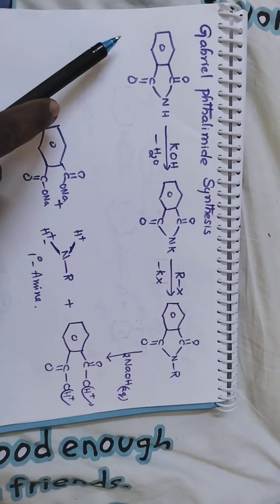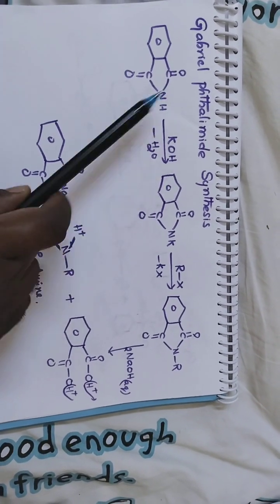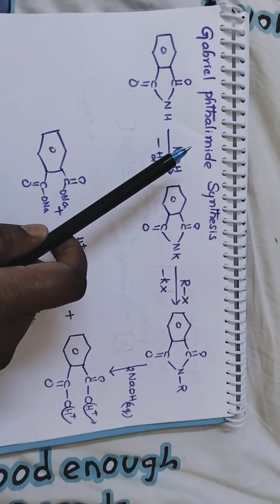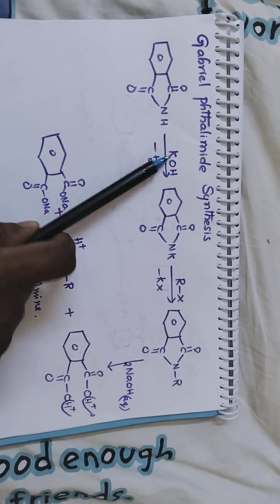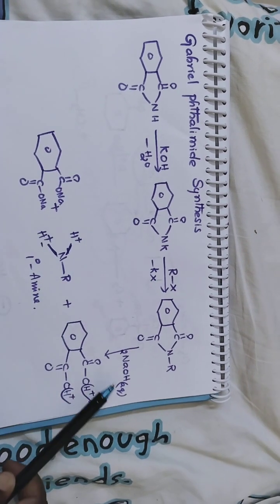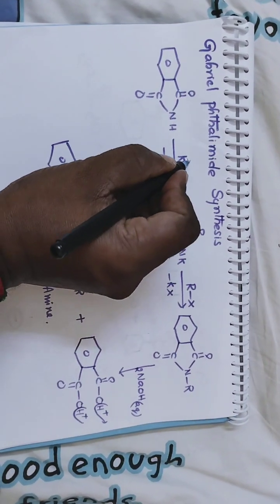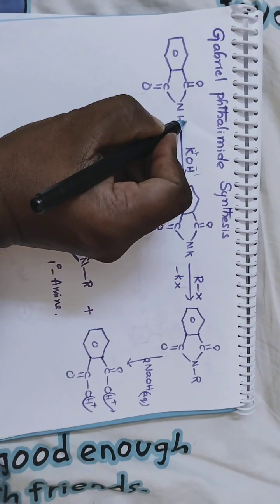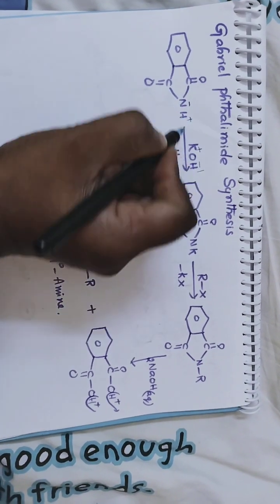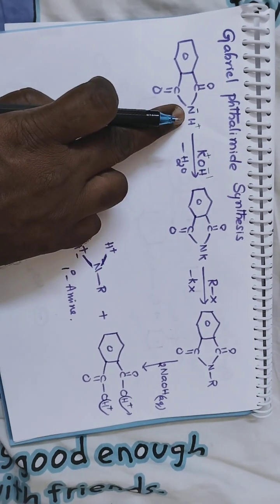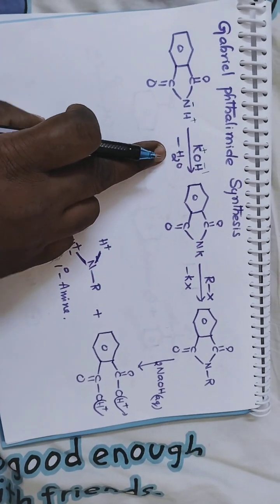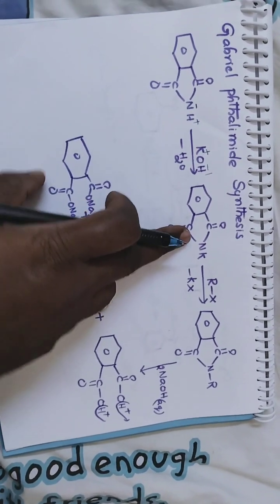What reagents can be added? First strong base, next alkyl halide, and again strong base. First, when we add this strong base, K plus OH minus, H plus will be removed as water. So this K will be added here.